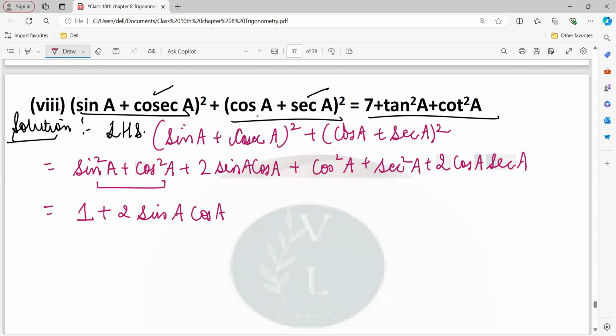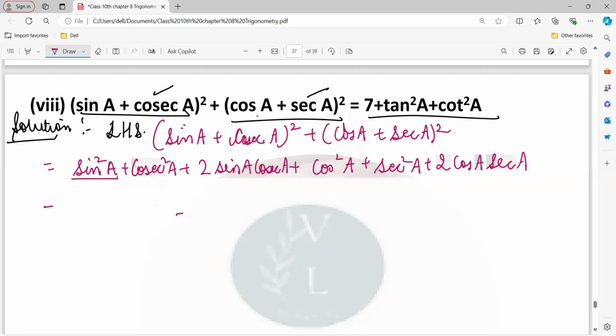And here, oh sorry, it was cosecant, not cos. Sorry, my bad. Let me correct myself. So here it was cosecant square A and cosecant A, right?